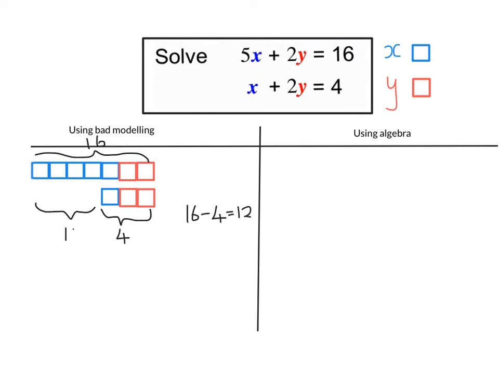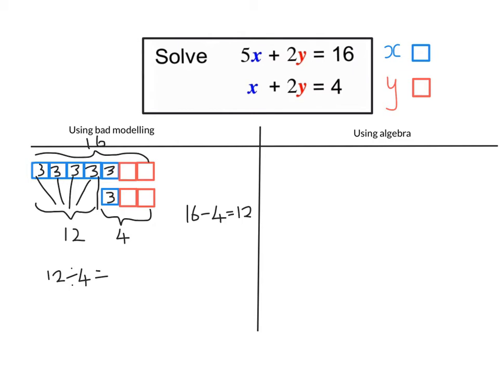So this is 12. So 12 add 4 is 16. So this represents just up to this bit here. So I need to split that 12 into these 1, 2, 3, 4 boxes. So 12 divided by 4 is 3. So each blue box actually represents 3.